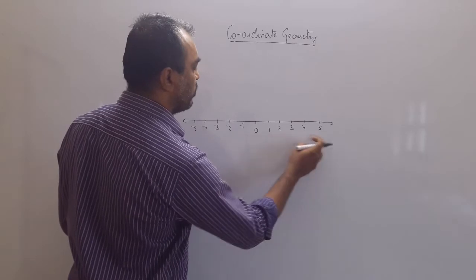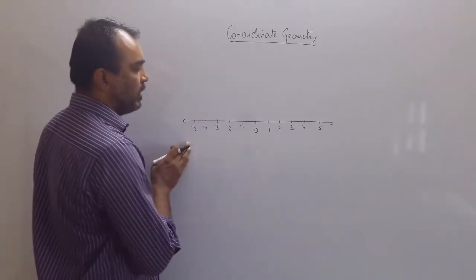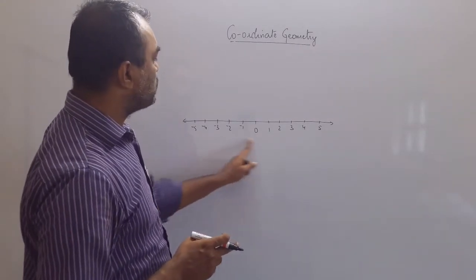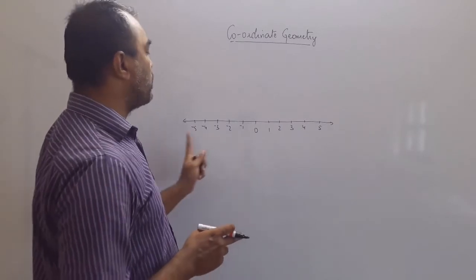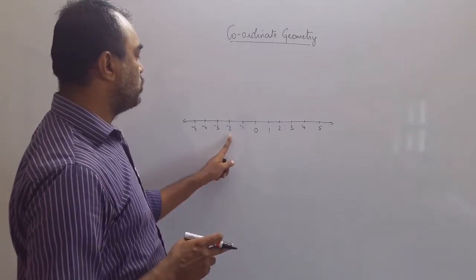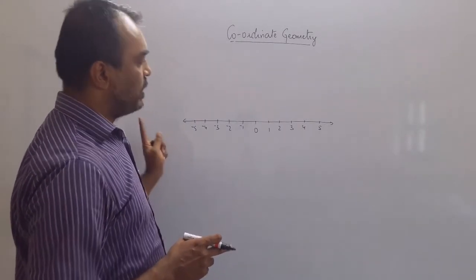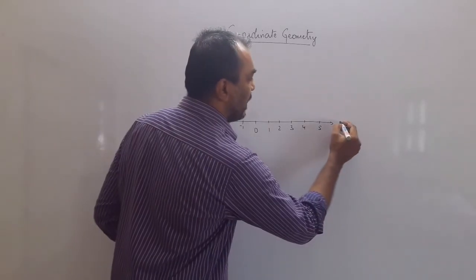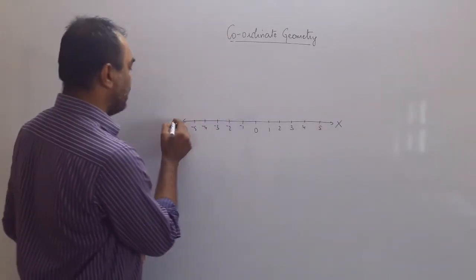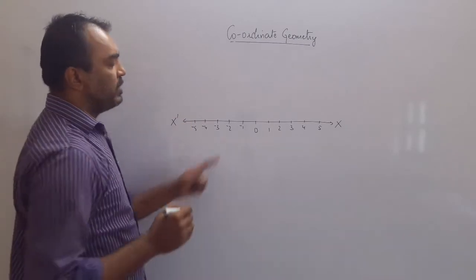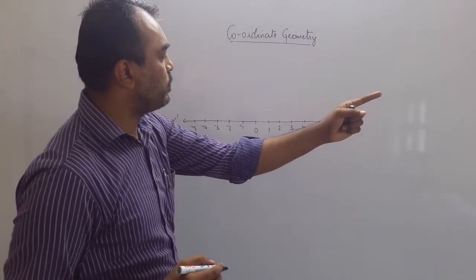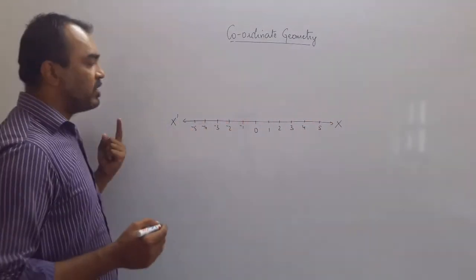One step, one step, one step to the right, to the left. Right? The numbers on the right are bigger than the numbers on the left. Means -2 is bigger than -5. Now this was what we call the x-axis. We call this x and this we call the x prime. X shows right direction positive, x prime shows left direction negative.